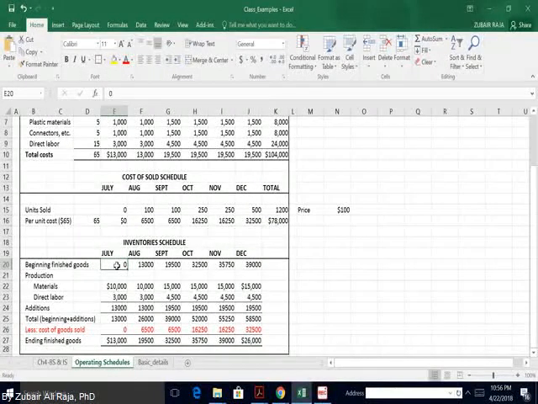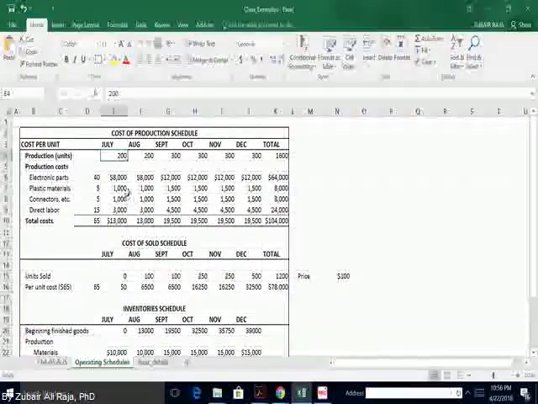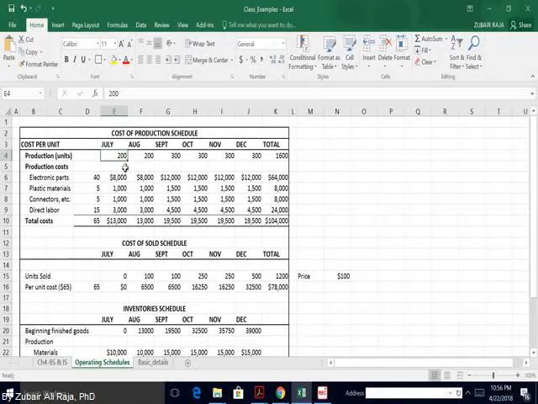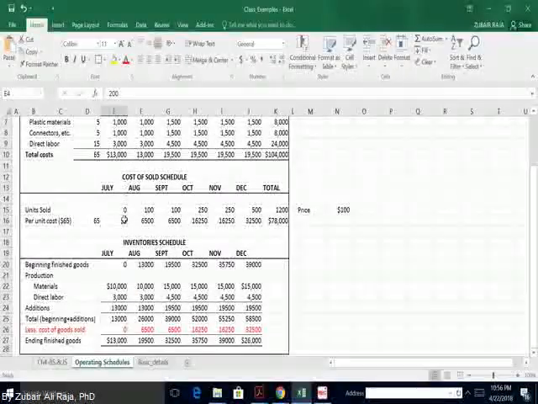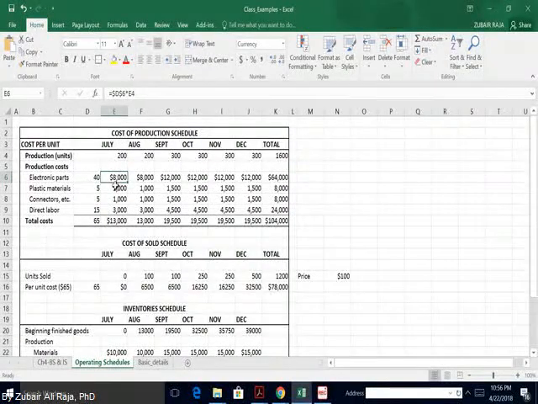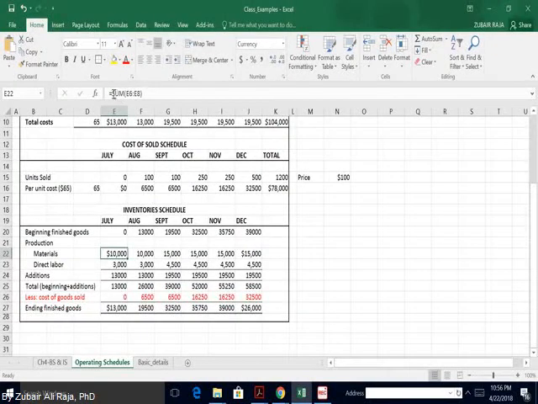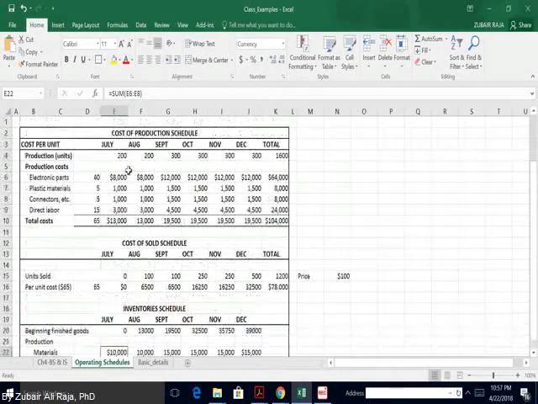But during the month of July, remember from the cost of production schedule, they assembled 200 scanners, and the cost of production was 10,000 material cost, 8,000, 1,000, 1,000. So if you add the material cost of electronic, plastic materials and connector, this will give us 10,000 over here. So simply the sum of E6 to E8.